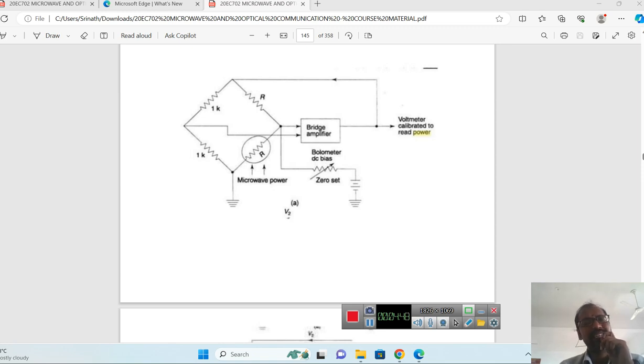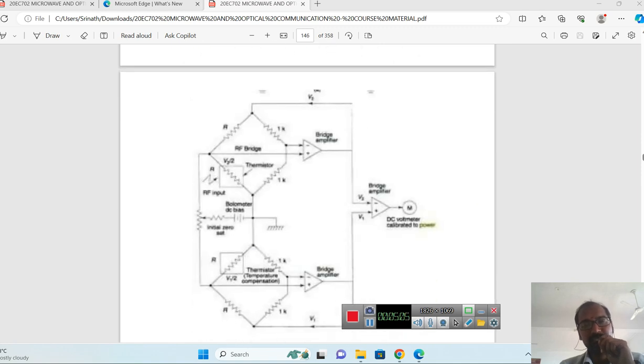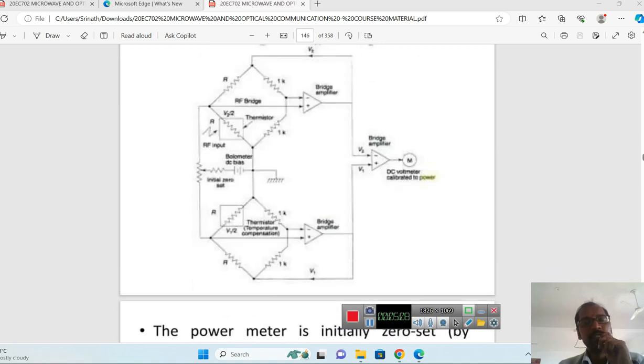Here we have a drawback in this circuit. Even the room temperature will be sensed by the bolometer, so we cannot separate the room temperature from the microwave power. For that purpose, we use the double bridge method. In this method, one bridge identifies the actual RF input power, and the other bridge identifies the ambient temperature.